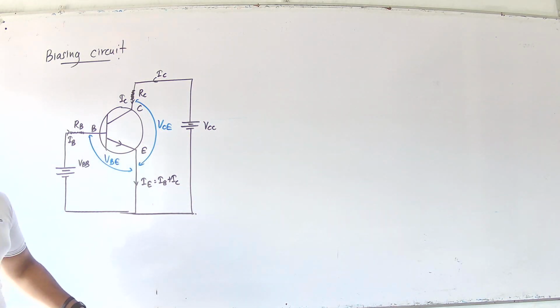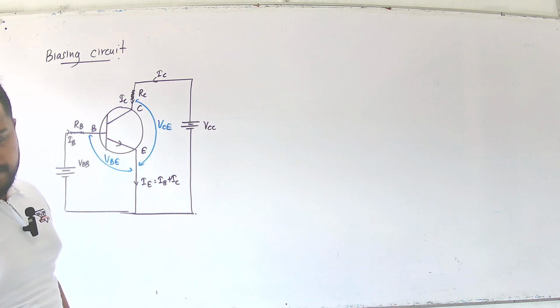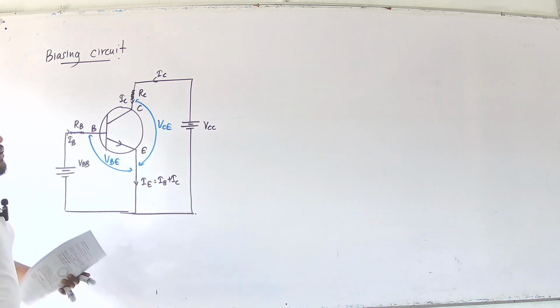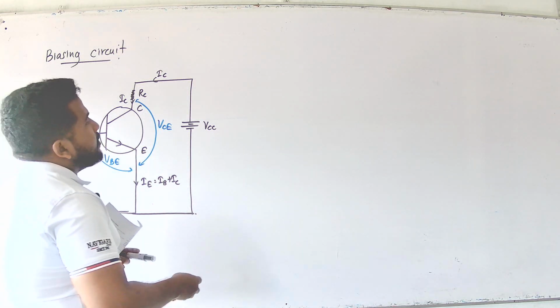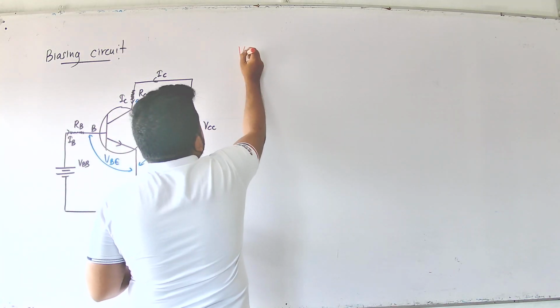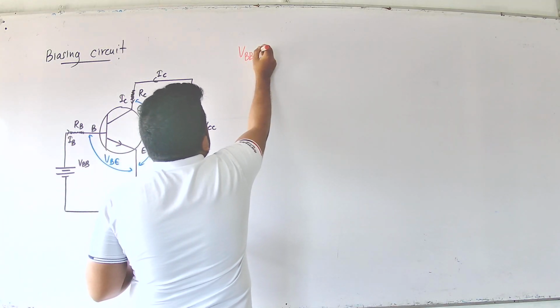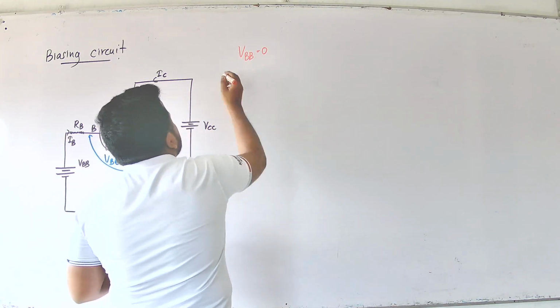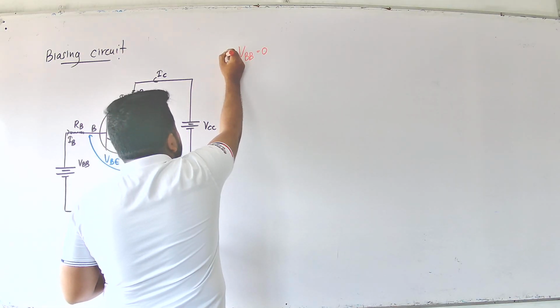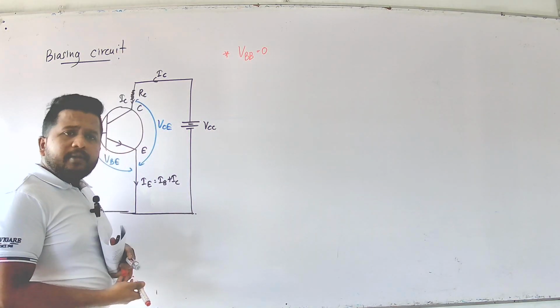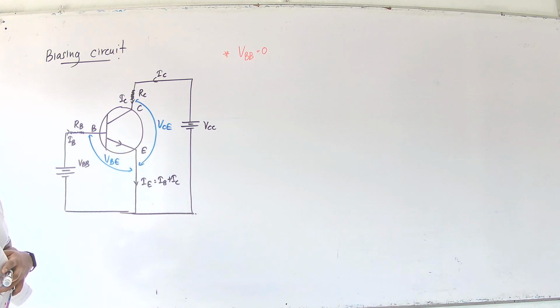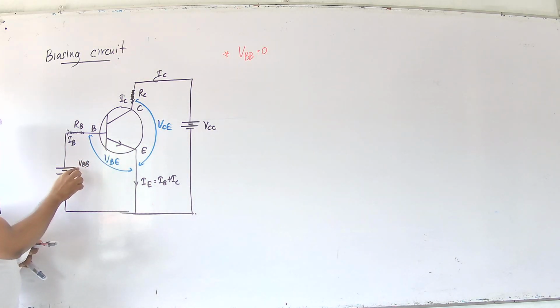We have to talk about separating. Write down, the first one we take VBB equals 0. So when VBB equals 0, what should happen? VBB 0 means there is no potential in this one.